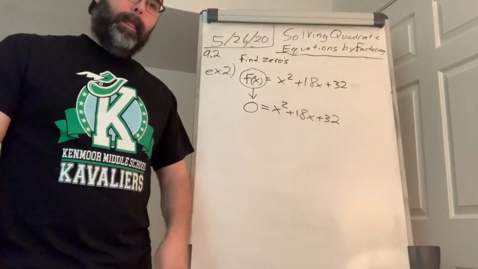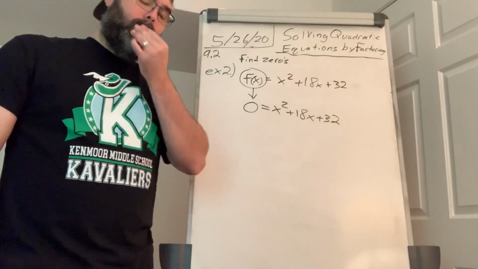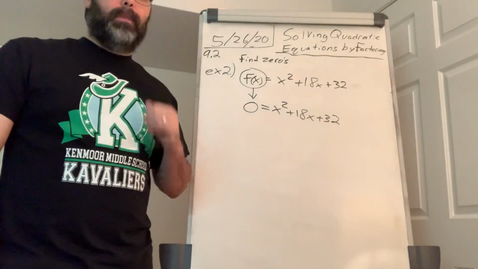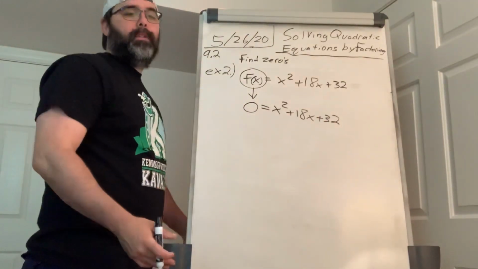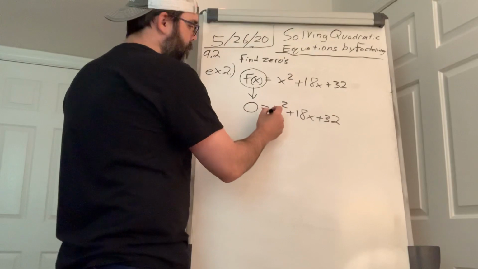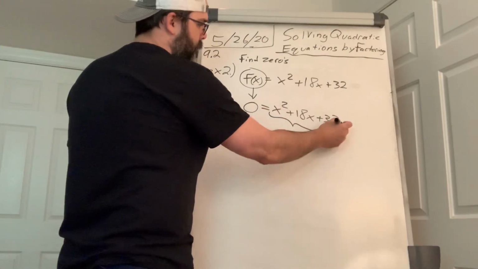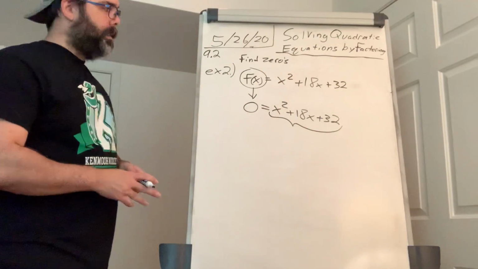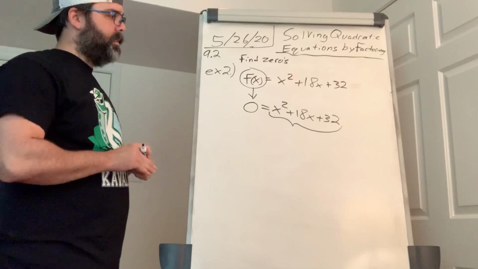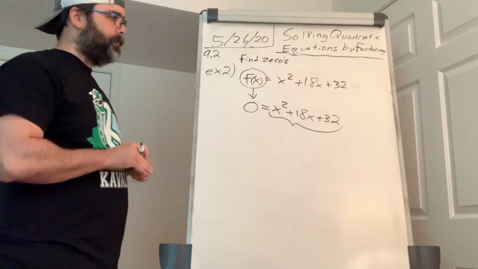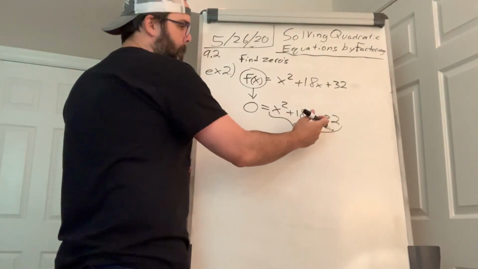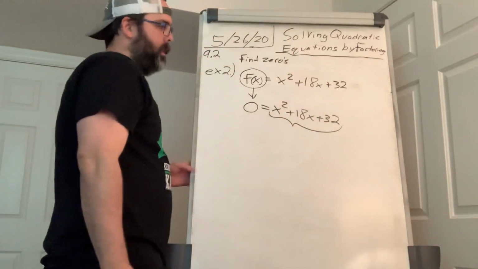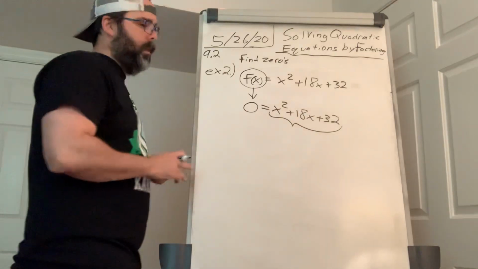All right, so now the second step is to factor completely. So we want to take all of this and we want to factor it. Now the good news is this is quickly factored. What number multiplies to give us 32 and adds to give us 18?